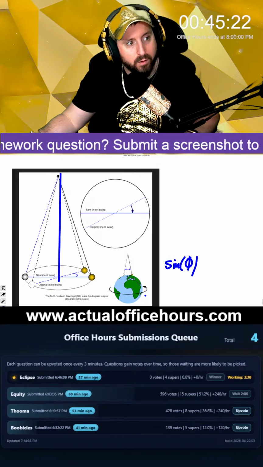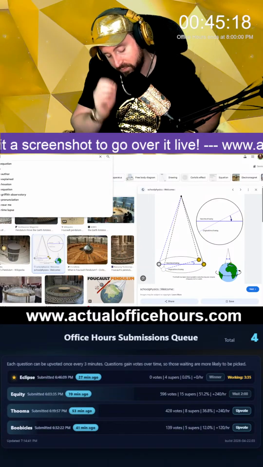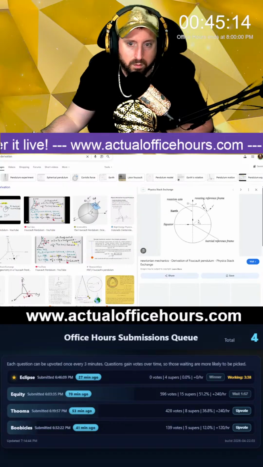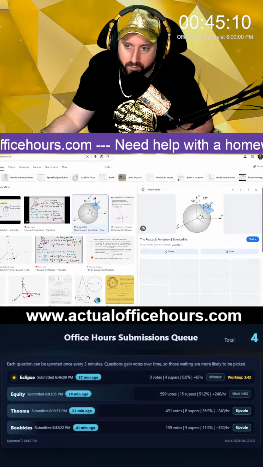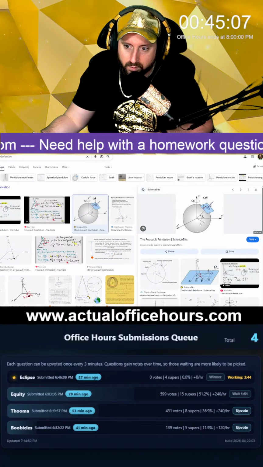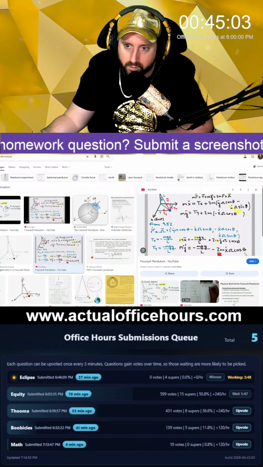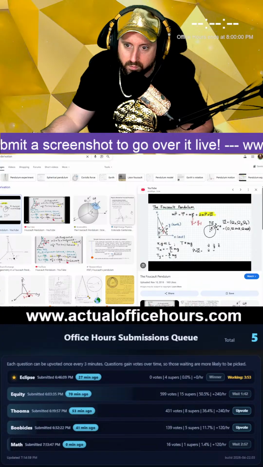The equation for it, let me see. I don't think I can do it by hand, but it has to do with a rotating reference frame.